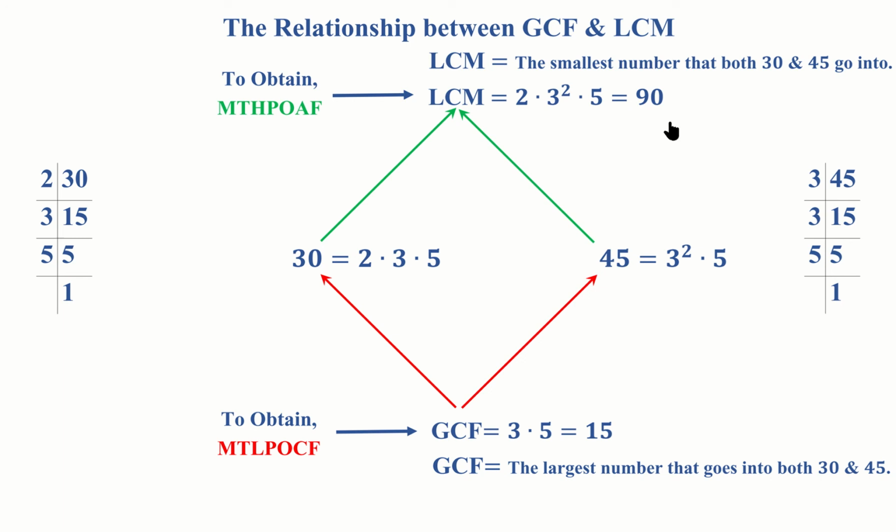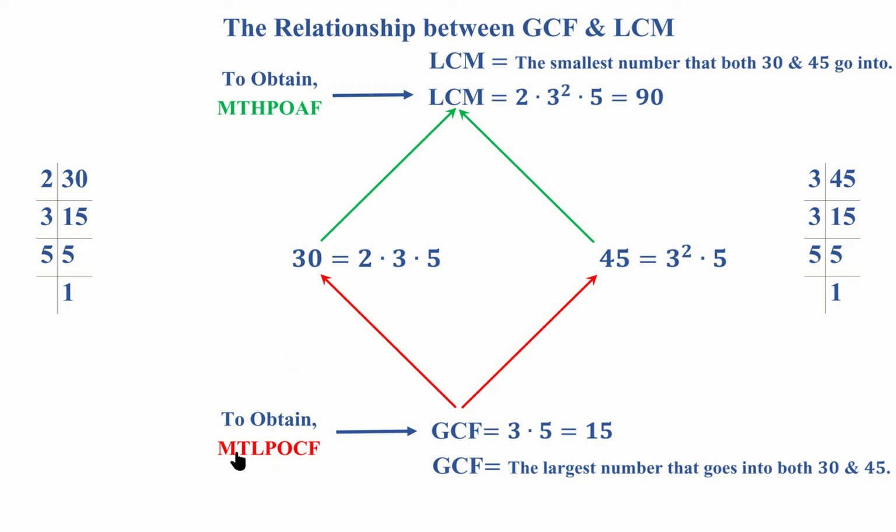These are the two most important quantities when it comes to trying to gain some kind of understanding from a group of numbers. We want to know what is the largest number that goes into all of them, and then what is the smallest number that all of them go into. And we remember the procedure.